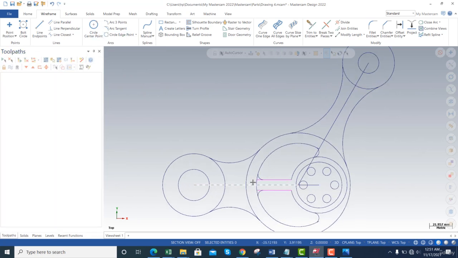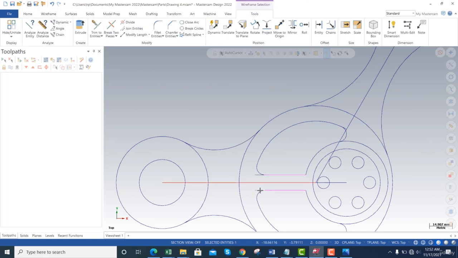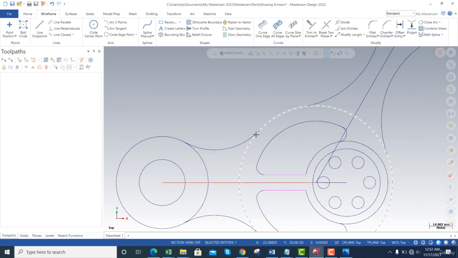Okay, let's zoom in. So I will break this one at this point and break this one at this point. Now I can delete this portion. Similarly, I will break this line at this point, this line at this point, and delete it.